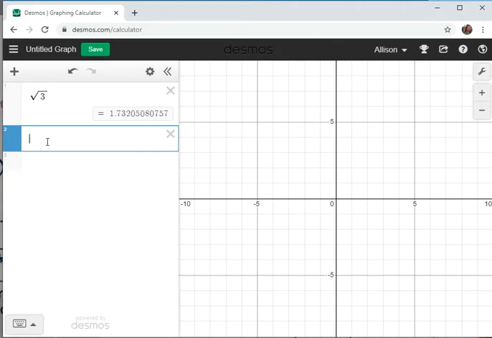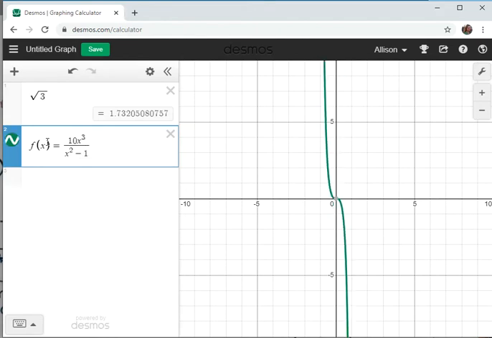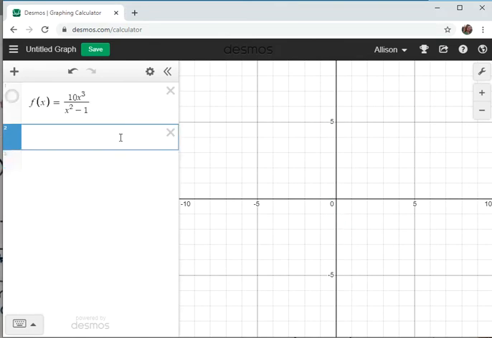Actually, I'm just going to go ahead and type my original function, f of x, which was 10x cubed over x squared minus 1. And then I'm going to turn the graph off because I don't want the graph right now. And then I can just type in f prime of the numbers I want.